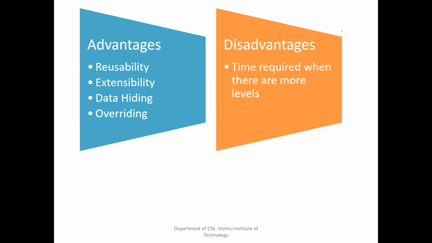And overriding means defining one more functionality for the existing method. The drawback is, if you have a lot of levels A, B, C, D, and it is more than 10 levels deep, then the time required to execute the program is more. That is one of the drawbacks.